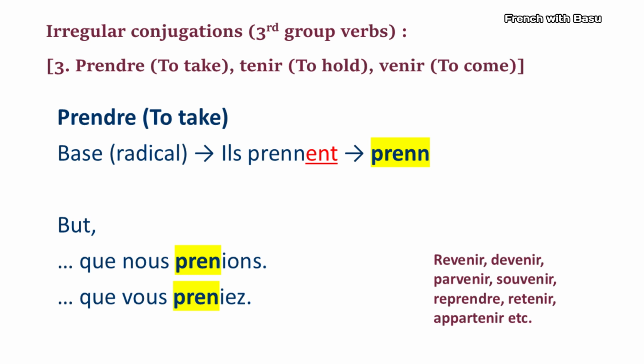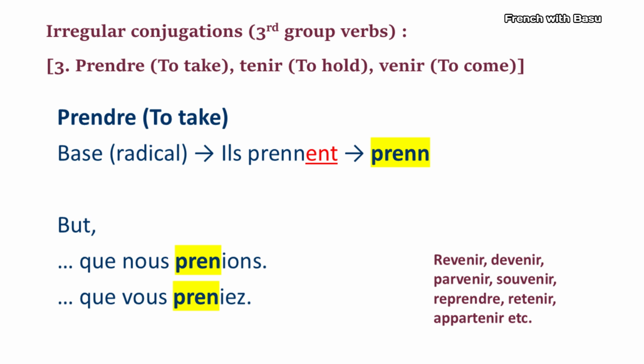Number 3. Prendre, tenir, venir. These verbs and the verbs from their family, such as revenir, devenir, souvenir, reprendre, retenir, etc., undergo an internal vowel change in subjunctive present radical for nous and vous forms only, exactly the same way as in présent de l'indicatif tense. Prendre, to take.